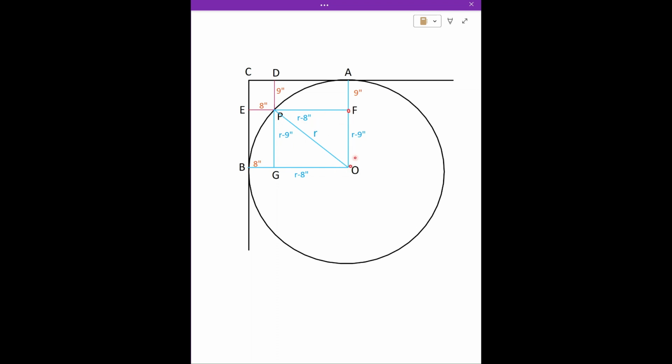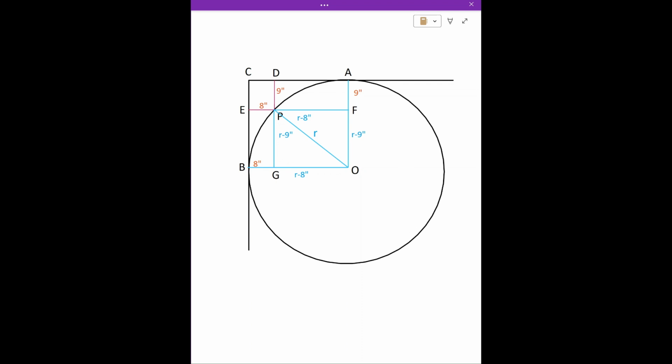Now, FO is R minus 9 because this is 9 and therefore this will be R minus 9. Similarly, GO will be R minus 8 because this is 8 inches, the whole thing is R, therefore this will be R minus 8 inches.